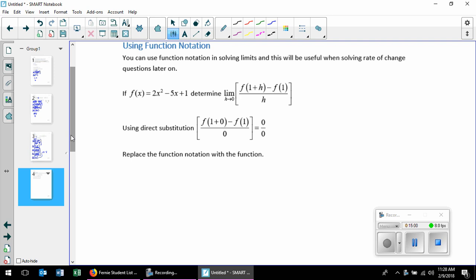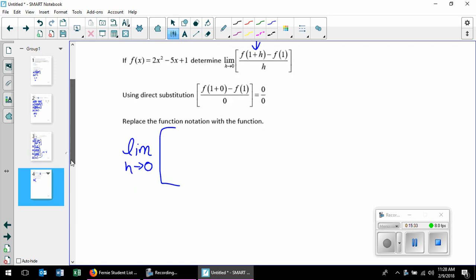So now we're going to do this mathematically. What usually goes here? X, right? Usually that's our x value. So in function notation form we're going to say the limit as h approaches 0, and instead of x, we're going to say 1 plus h in your formula.